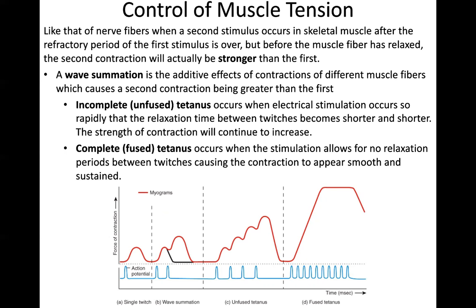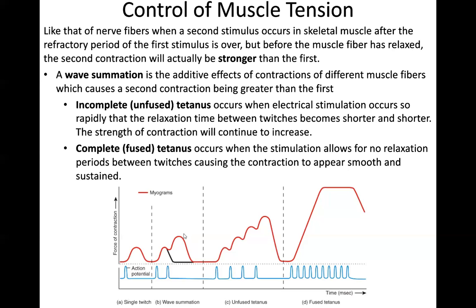Like nerve fibers, when a second stimulus occurs in skeletal muscle after the refractory period of the first stimulus is over, but before the fiber has relaxed, in other words, after we've depolarized and contracted but before we go back to resting tension, we hit it with another action potential. We summate, we add force to it.